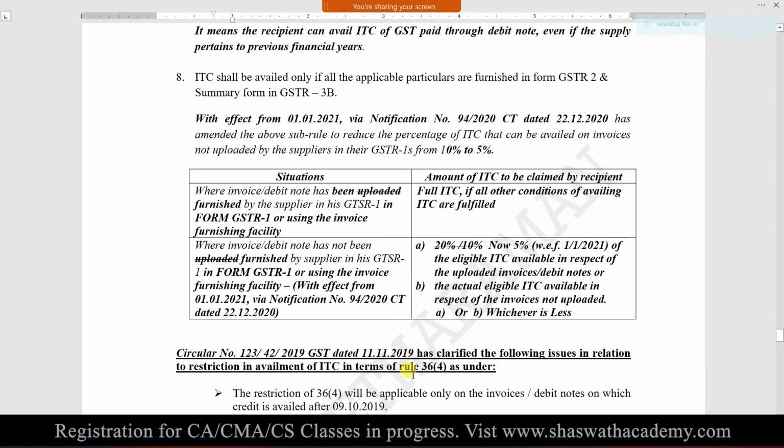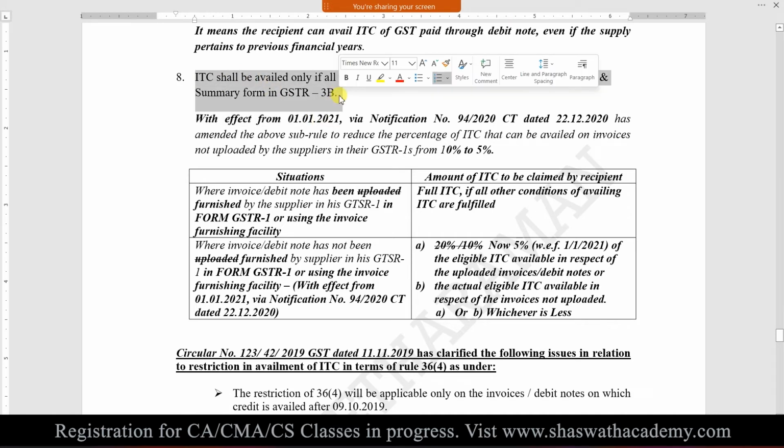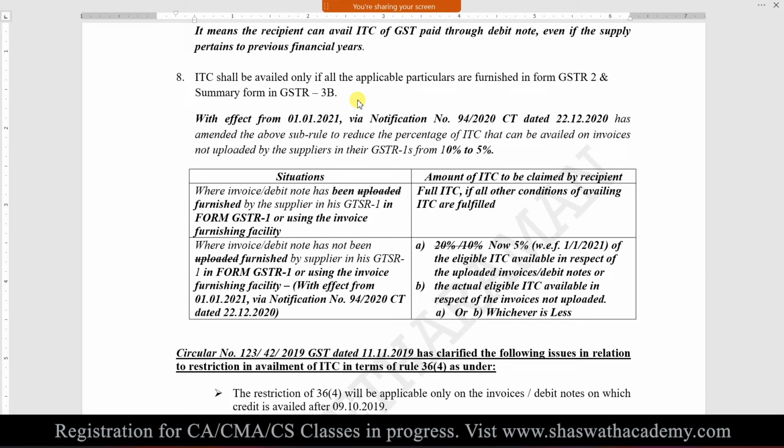And then we have something called restriction on availing the input tax credit where the item is not reflected. Till now what I said is, if credit is not reflected in 2A and 2B, you are not entitled to credit. This is the stand taken till now. If something is not reflected in GSTR 2A, you are not entitled to credit.